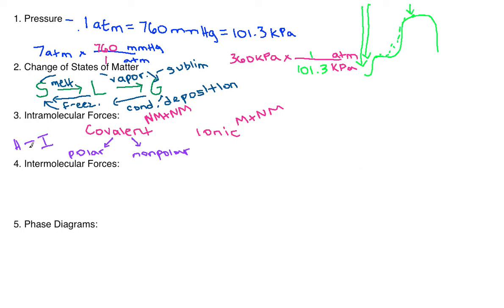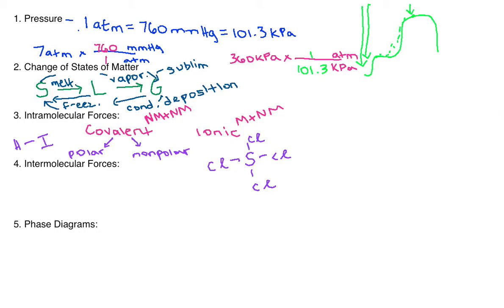There's not an equal sharing. For non-polar, take SCl4. Notice the Cl atoms pull in opposite directions, but equally, so S wouldn't move in a tug of war. Therefore, this covalent compound is nonpolar.